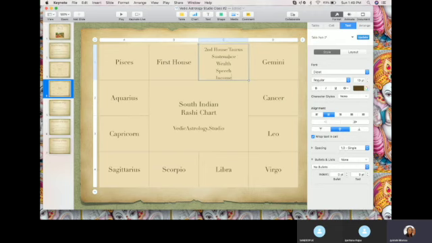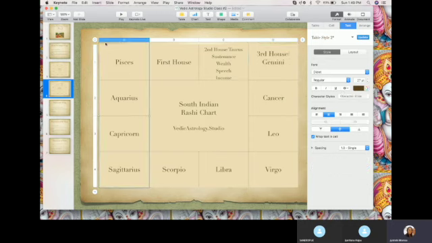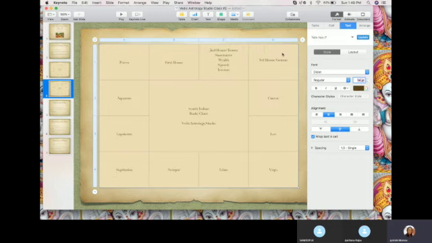So third house, if you guys have any questions, you can chime in at any time. Okay, so third house and Gemini. If the sun is in the third house, then we will find communication very important.